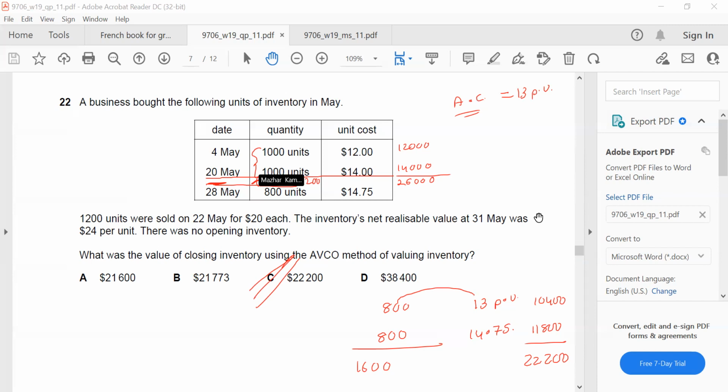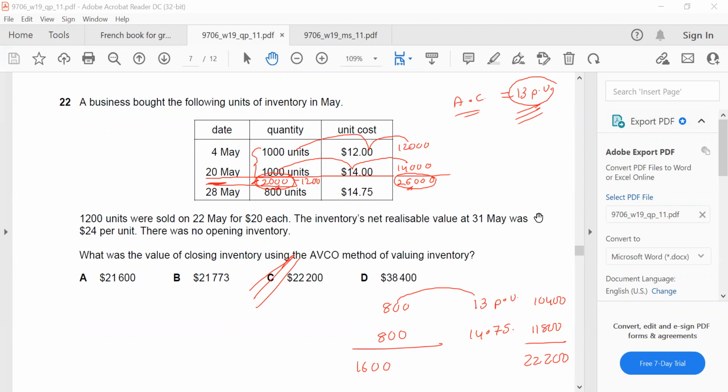First 1000 into 12 is 12,000 and 1000 into 14 is 14,000. So the total cost of 2000 units is 26,000. Are you with me? Yeah. Now 26,000 divided by 2000, you get the average cost per unit as 13 per unit.